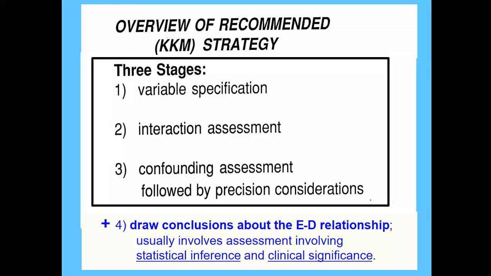You don't want to consider an effect modifier also as a confounder. It's a variable you have to control for. And once you deal with interaction, you want to consider confounding followed by precision. Confounding is the more important point, because confounding deals with bias and precision deals with random error. So you want to make sure you got the right answer before you start trying to get a tight estimate around the wrong answer. That's what I said last time, I think.